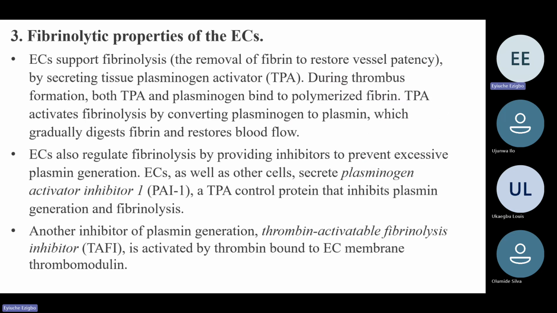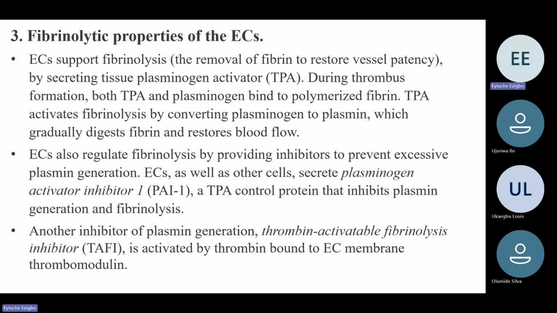So we also have the fibrinolytic property of the endothelial cells. The endothelial cells also support fibrinolysis, that is, the removal of fibrin to restore vessel patency, by secreting tissue plasminogen activator.